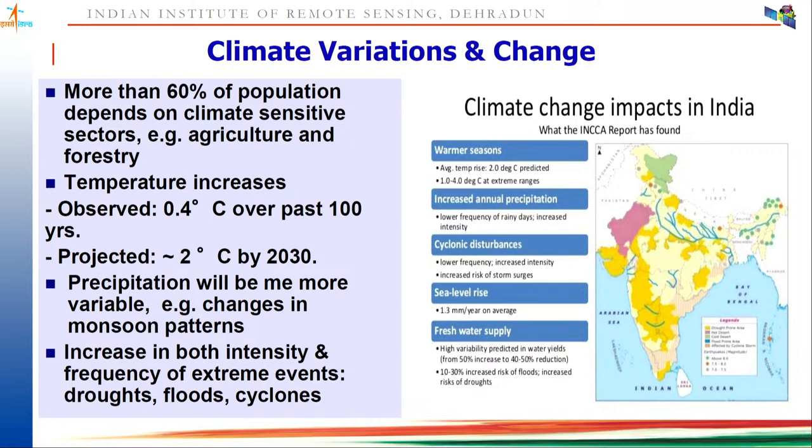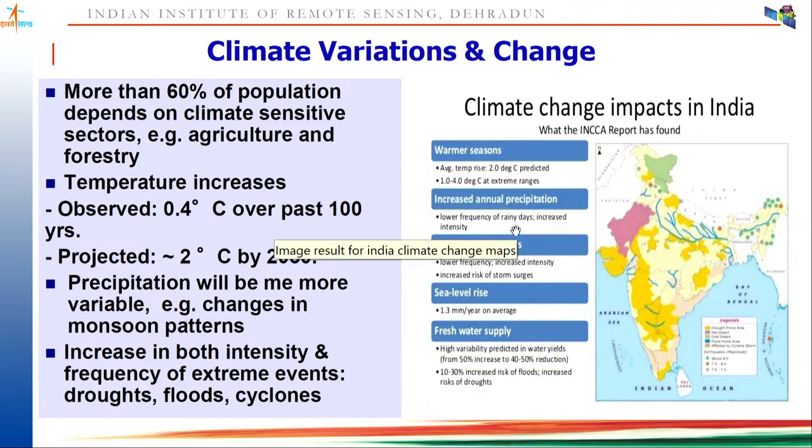So how is climate change affecting India? Mainly, there will be a warmer season, around 2 degrees centigrade predicted by the end of the century. 40 degrees centigrade is an extreme range of warming during a season.